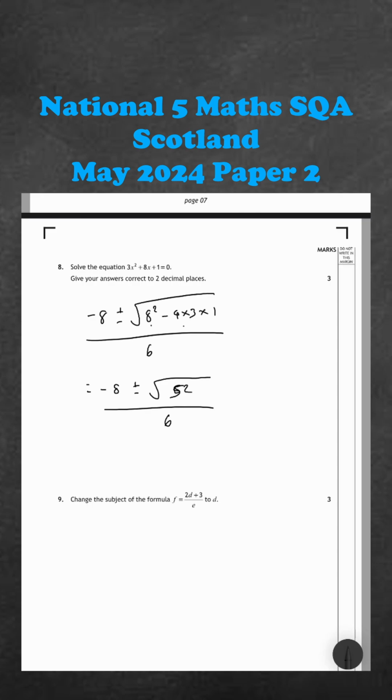And they want the answers correct to 2 decimal places, so I'm going to do minus 8 plus root 52 divided by 6 is going to give us minus 0.13. And minus 8 minus the square root of 52 divided by 6 is minus 2.54. And that's our answers.